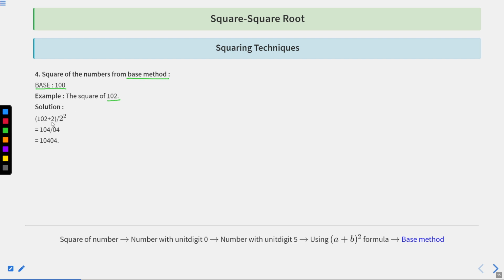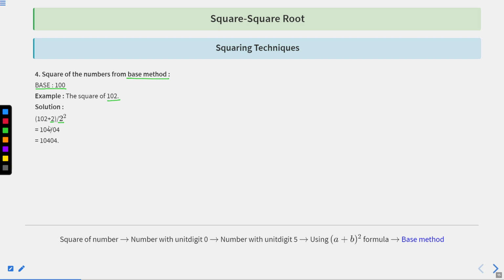So how do we know we have to add a 2 here? That is decided by how far the given number is from the base. Here the base is 100. So 102 is 2 units far from 100. So that means if you add 2 to 100, then you will get 102. So we will write it as 102 plus 2 upon 2 square.